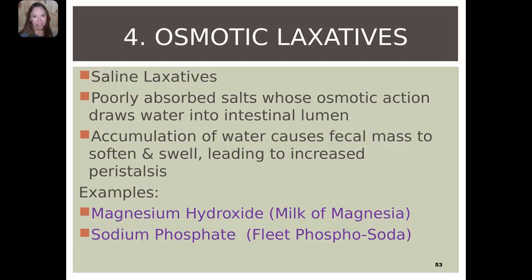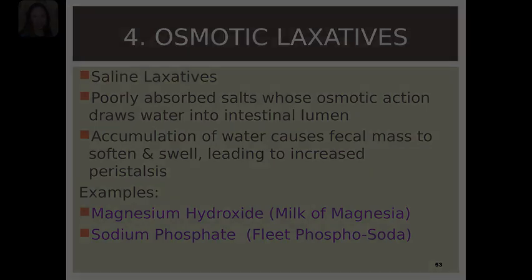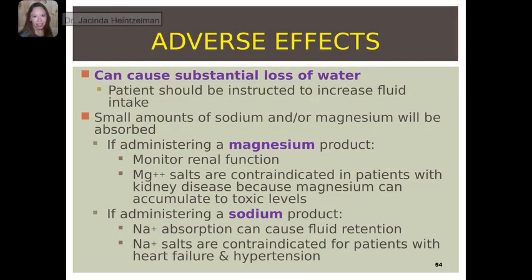So examples of these would be milk of magnesia, or Fleet Phospho-soda. I've seen these being used in the hospital setting. You can also purchase these over the counter. The osmotic laxatives, they do come in a liquid form, so if you ever have to administer these to your patients, make sure you're measuring out and giving the correct dosage to your patient.